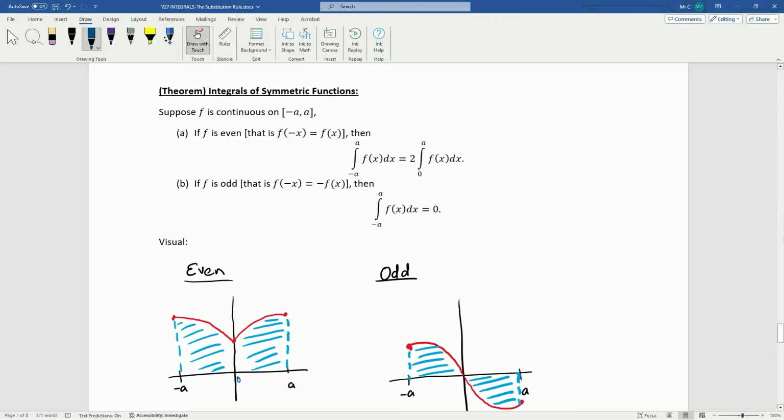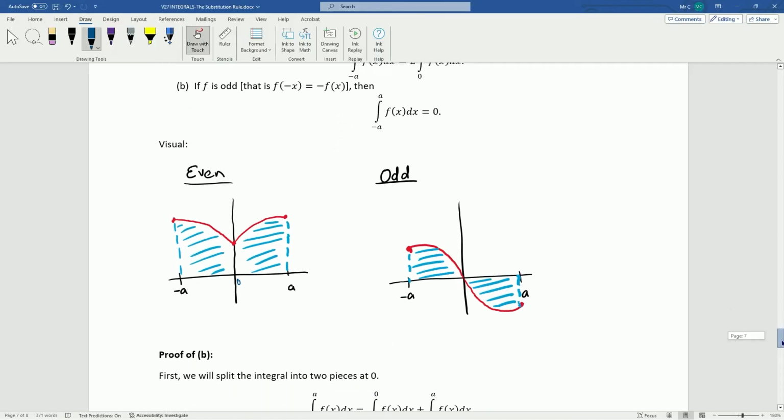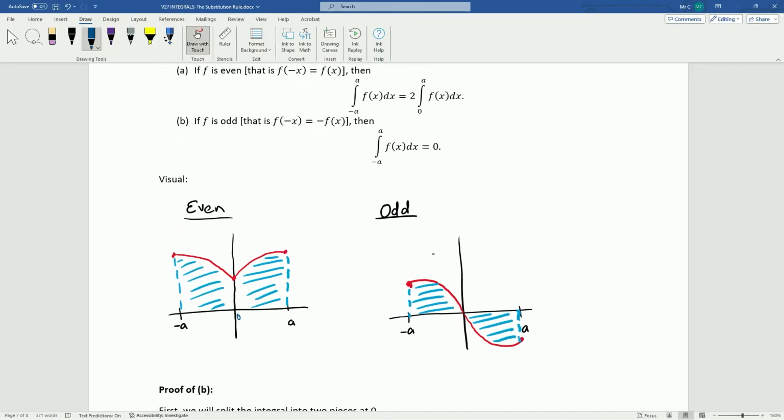So if we look at this picture again, the visual justification is very simple. You've got an odd function, so it's a reflection 180 degrees around the origin. Whatever you get left of the y-axis will be the mirror image but flipped over from what's right of the y-axis.